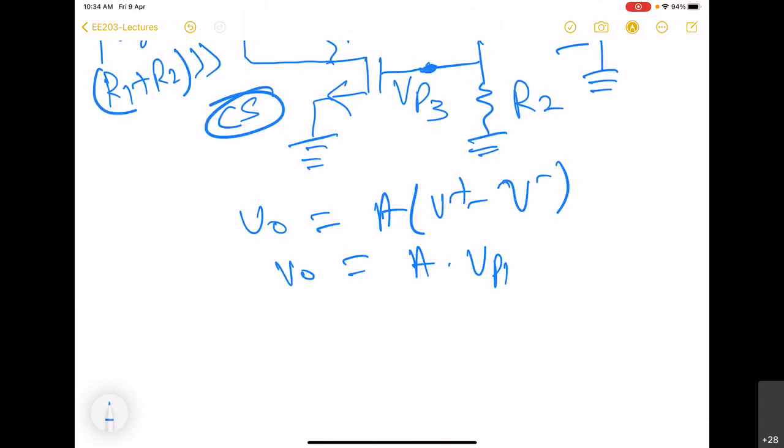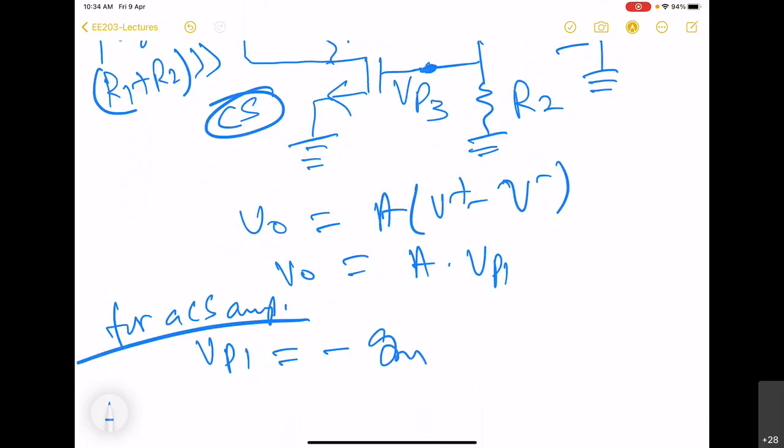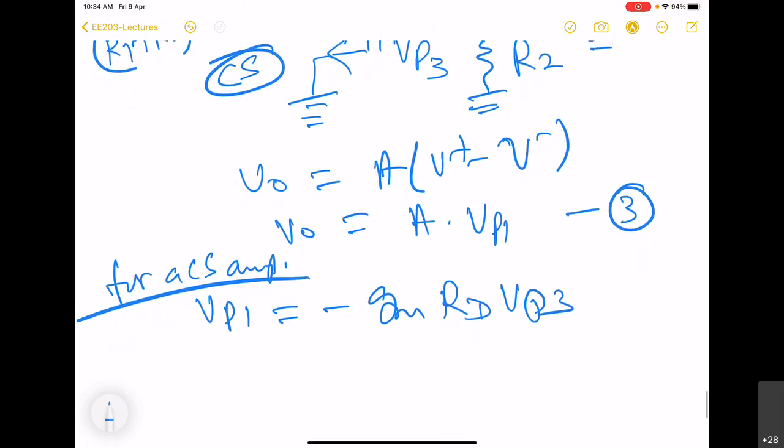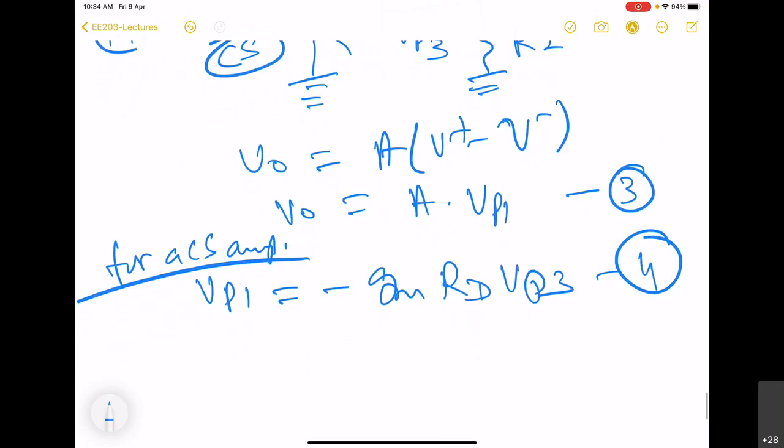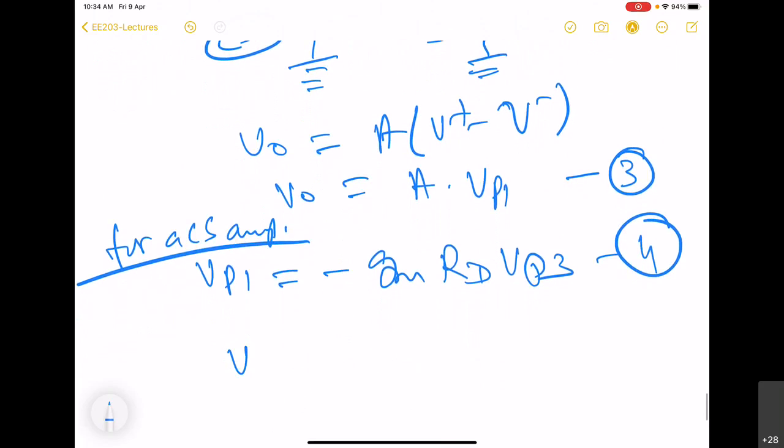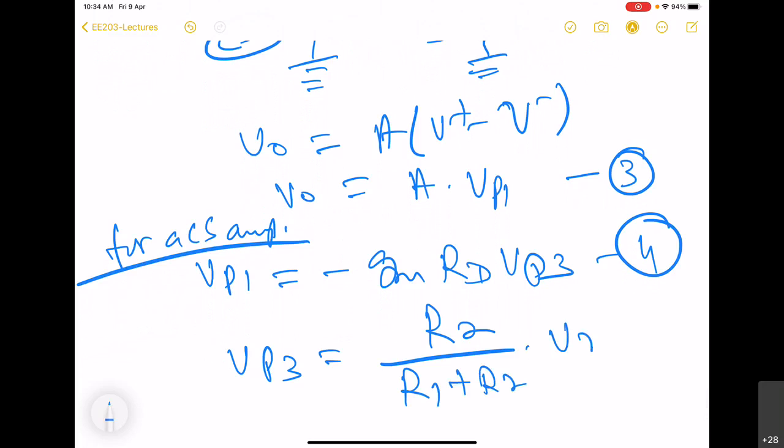So VP1 is minus GM RD into VP3. And VP3 from voltage division is R2 divided by R1 plus R2 into Vx.